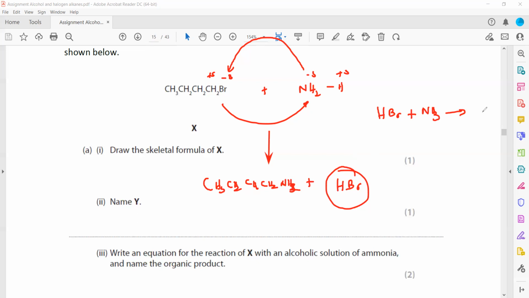So as a result, it will produce ammonium bromide. So instead of writing HBr, we write ammonium bromide, because we have excess of ammonia, like we have more ammonia.